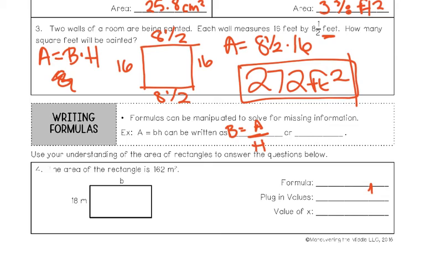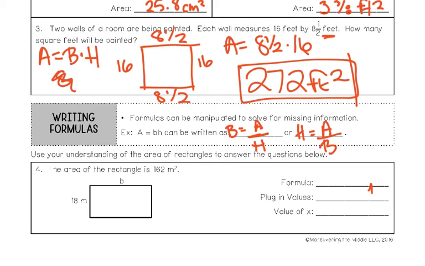When you're solving for x and you move it to the other side, if it's multiplying one side, you're going to divide it on the other side of the equation. It's exactly like that here. So you could write the equation base equals area over height, or you could write it as height equals area over the base. It just depends on what numbers you already know and what you're solving for.